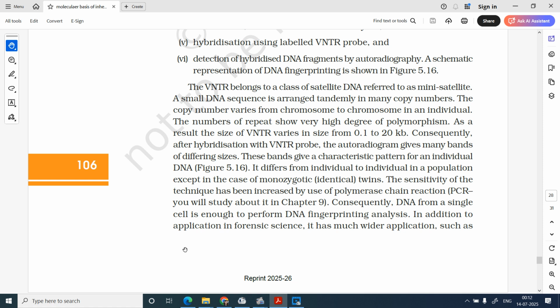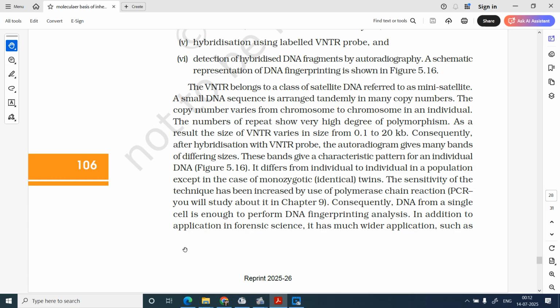The sensitivity of the technique has been increased by use of polymerase chain reaction, PCR. You will study about it in chapter 9. Consequently, the DNA from a single cell is enough to perform DNA fingerprinting analysis.